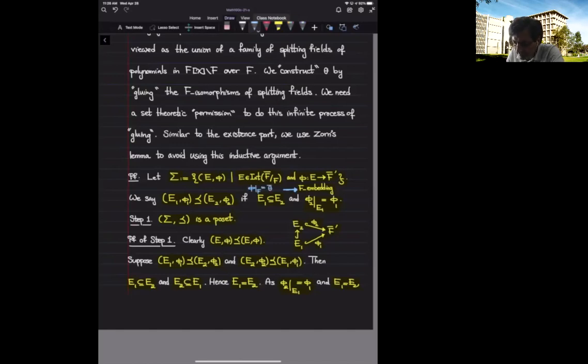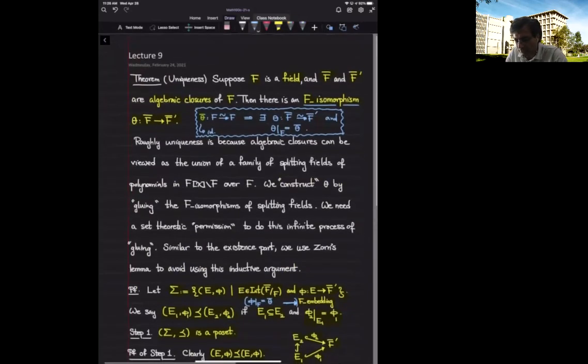If we say this, then we can run through the same argument and deduce this slightly stronger result, which can be viewed as an isomorphism extension theorem.